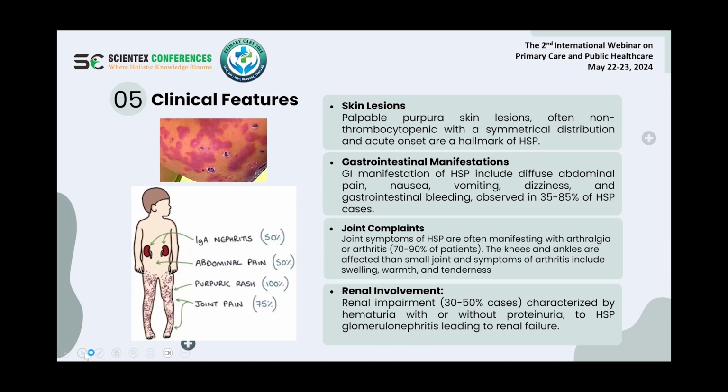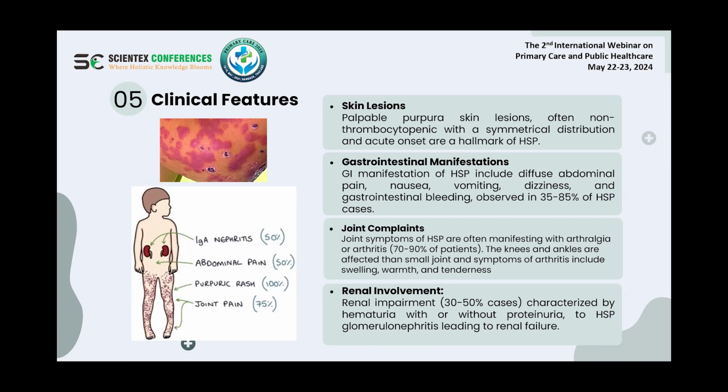And usually within 12 till 24 hours, the macules will transform into palpable purpuric lesions with non-thrombocytopenia. This sign can be taken as an acute sign and hallmark of HSP in early diagnosis. Usually the lesions gradually disappear around 10 days. And this is the same as what happened with this patient.